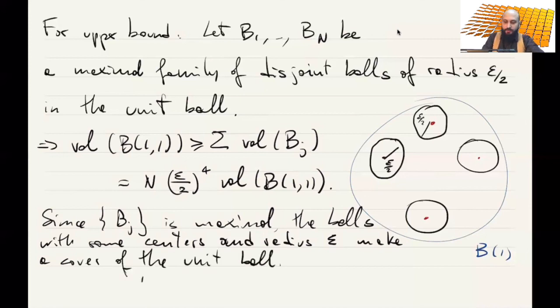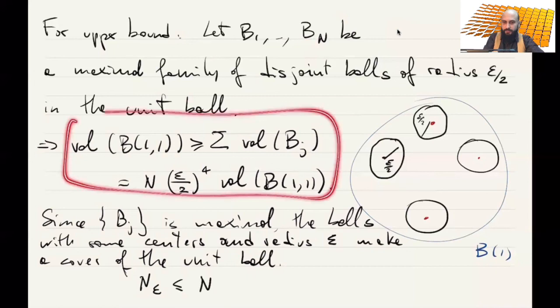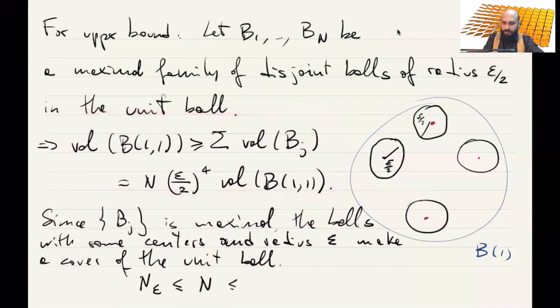Therefore, the smallest possible number of covers is smaller than n, and n from this inequality is less than, I have to move this, 2 to the 4, 16, so 16 divided by epsilon to the 4th. And this concludes the proof.